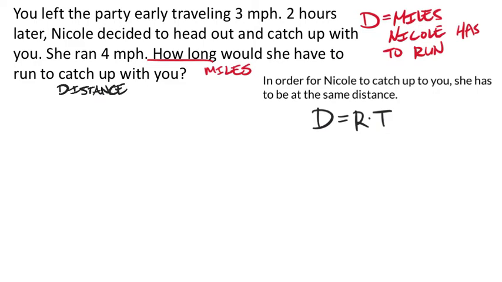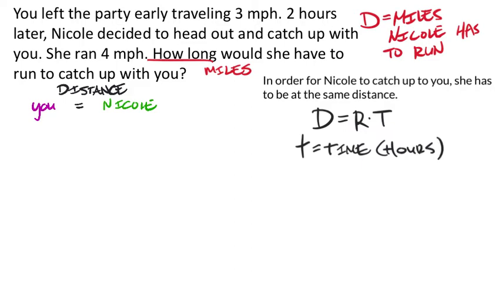There's two distances. We have your distance, and then we have Nicole's distance, right? We want to find out where they're equal. We just don't know how much time that's going to take. So I'm going to have to define another variable. I got t, which is time, again in hours. It's how much time it takes for Nicole to catch up to you.